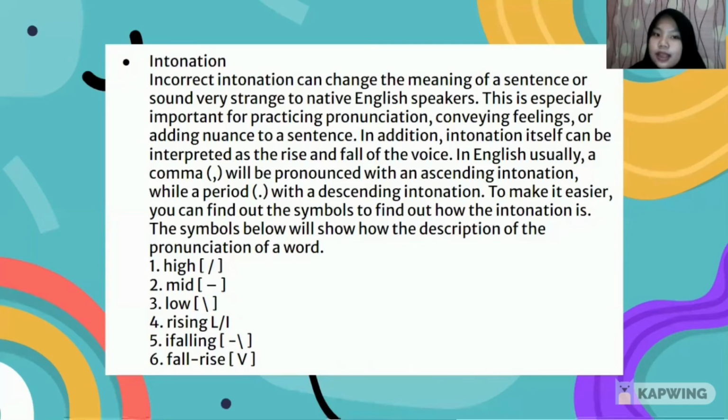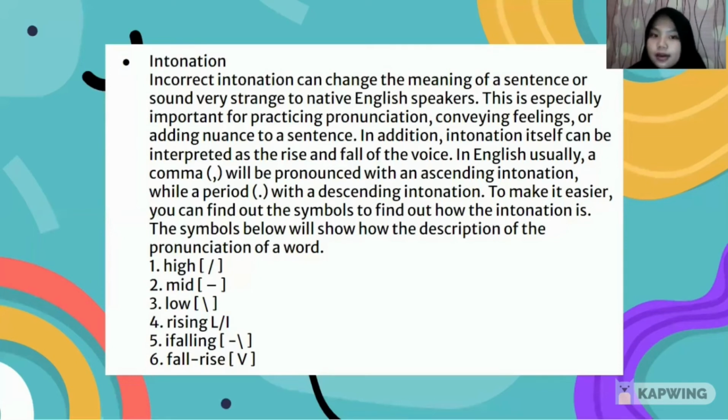In English, usually a comma will be pronounced with an ascending intonation, while a period is with a descending intonation.